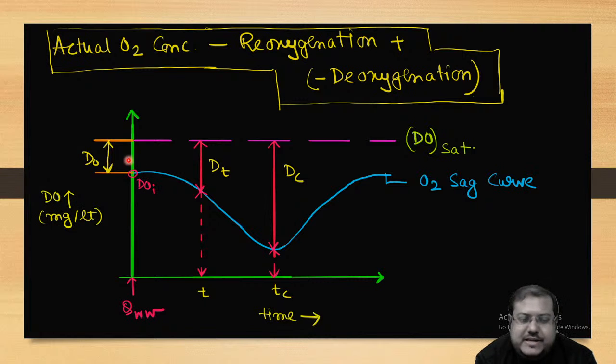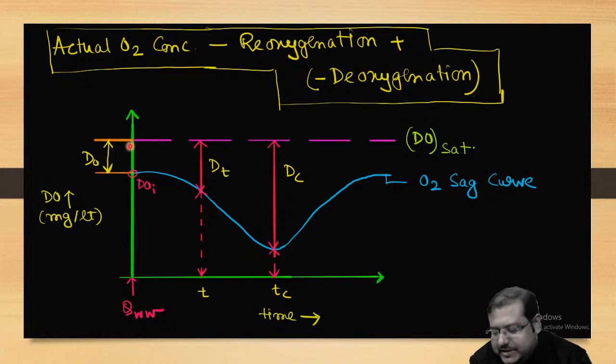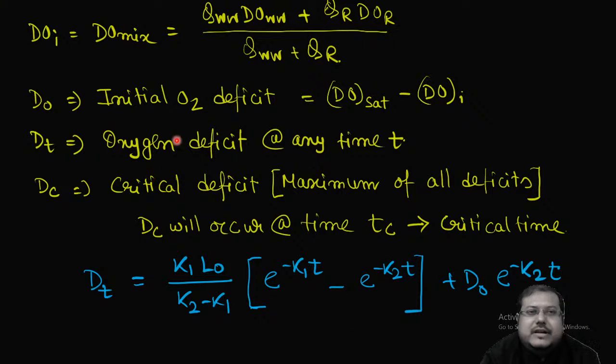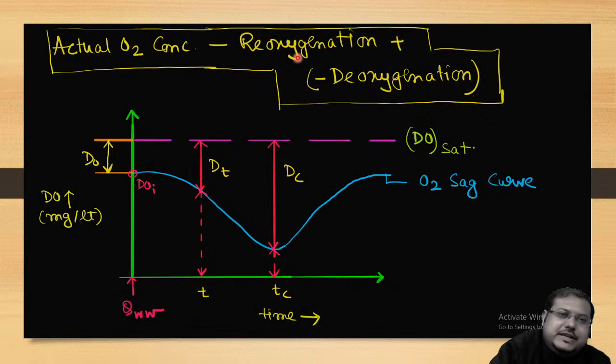So at the initial time only, a certain deficit in oxygen is there. Deficit means difference between the oxygen level and the saturation level. Initial DO is nothing but the DO mixture, which equals the mixing formula (QWW DOWW plus QR DOR) by (QWW plus QR). Okay, mixing formula, that is the initial DO.